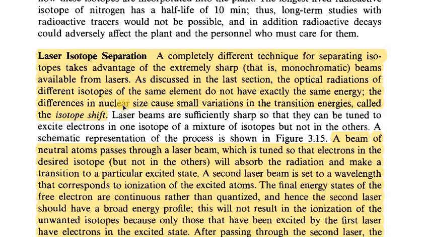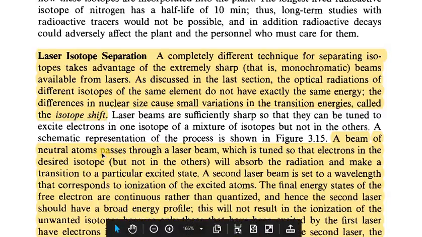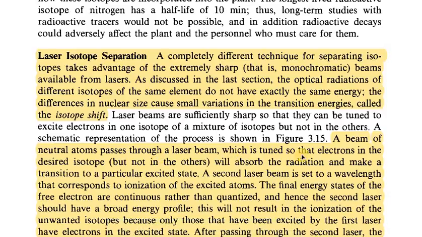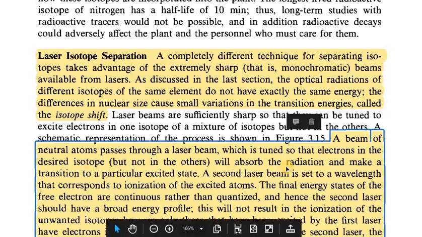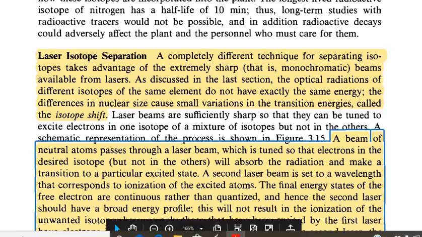Their differences in nuclear size cause small variations in the transition energy called the isotope shift. A beam of neutral atoms passes through a laser beam, which is tuned so that electrons in the desired isotope will absorb the radiation and make a transition to a particular excited state.